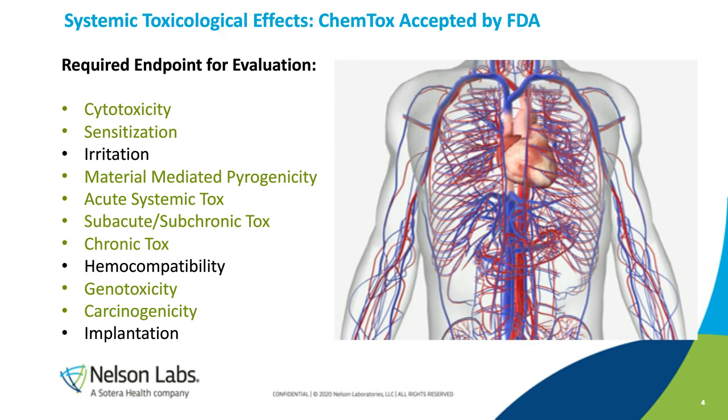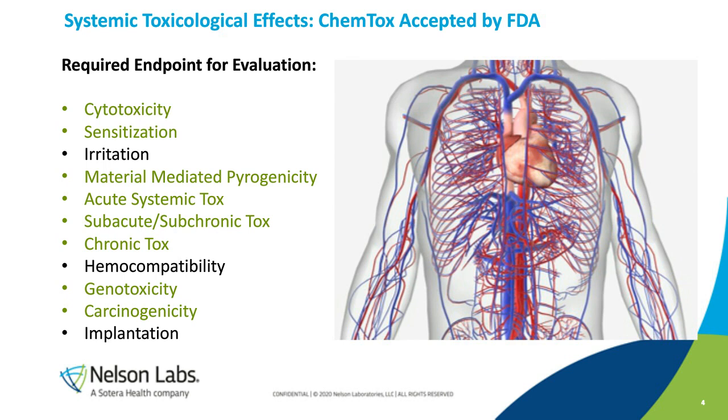Several of those can be considered a systemic toxicological endpoint. So these are adverse effects that could happen related to chemicals that maybe are released from the surface or that migrate through device materials and then are distributed systemically throughout the body, carried by the vascular system or the lymphatic system.